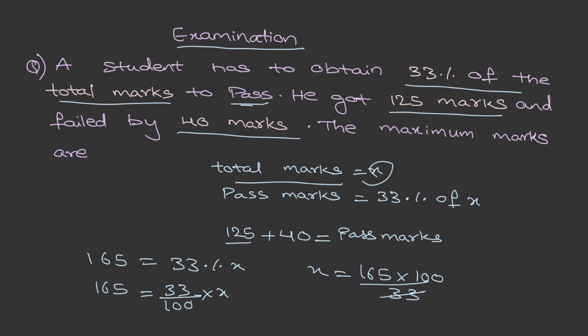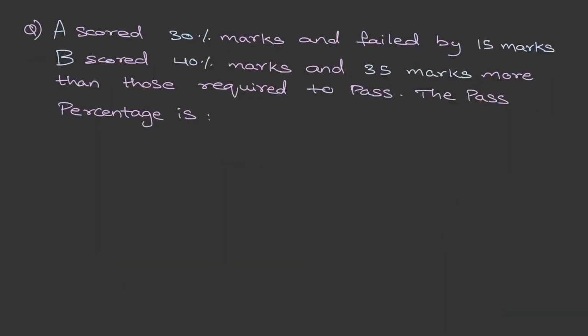This can be done by 3 11s are 33, 3 55s are 165, and 11 1s are 11, 11 5s are 55. So 5 into 100 gives us 500. So total marks are 500 marks. Let's go with another example related to this topic.